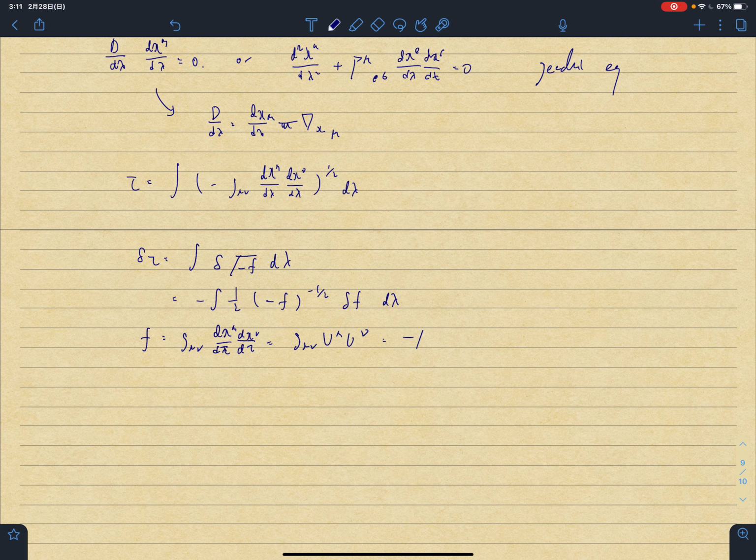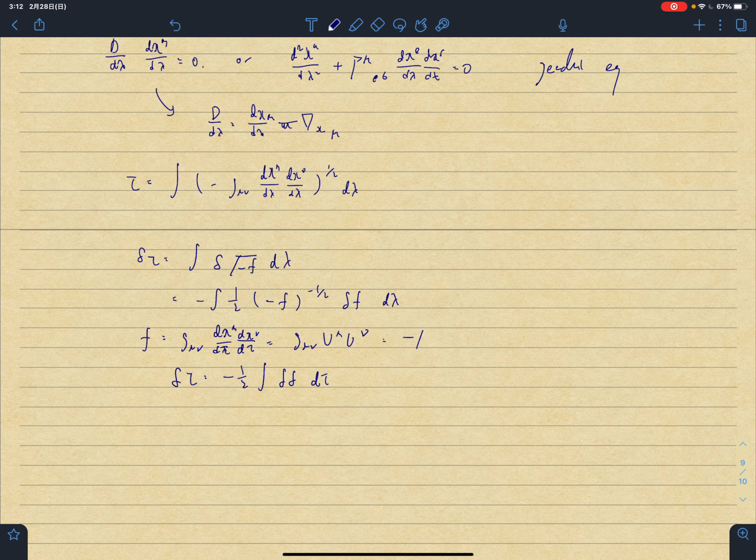Because this is proper time, I can choose it so that f equals minus 1. So from this we then have delta tau equals minus 1 divided by 2 times the integral of delta f d tau.